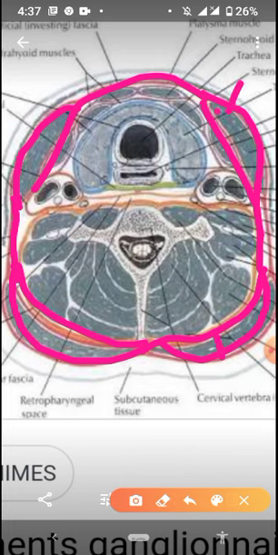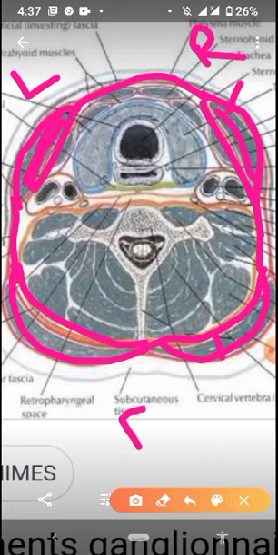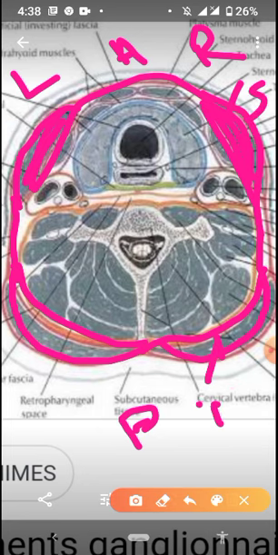This is the posterior view, the side of the vertebral column, and this is the anterior view. So the investing layer is covering all the way, and these two muscles, the sternocleidomastoid and the trapezius, are inside it.